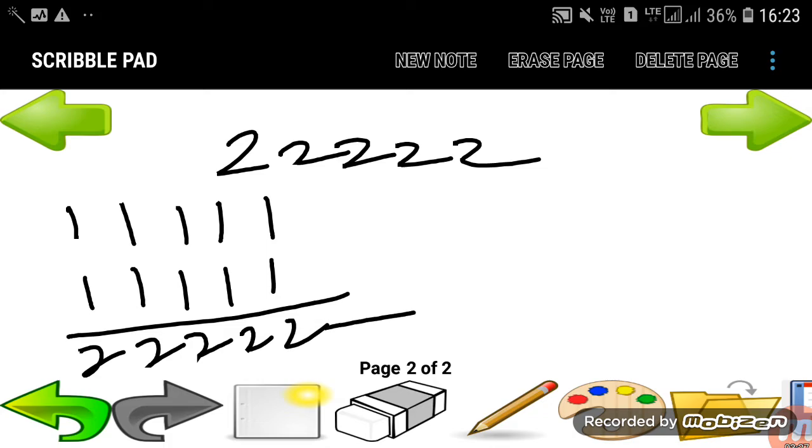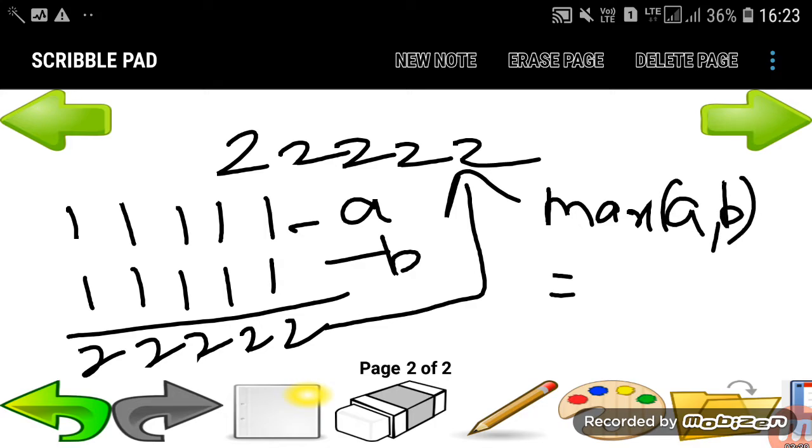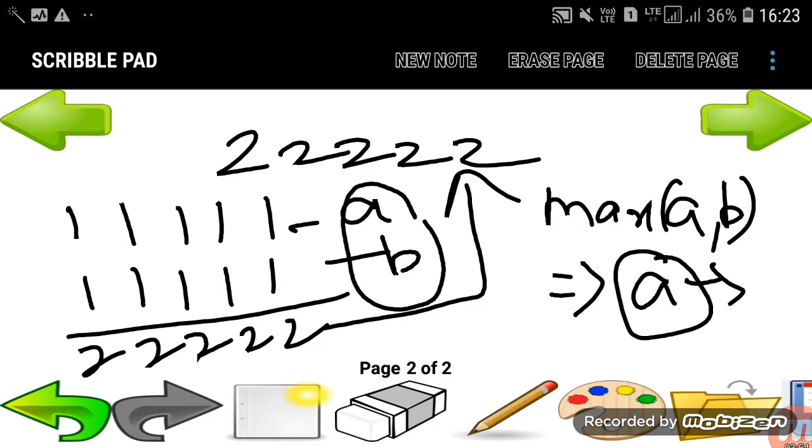So we are obtaining the result. Now if this is A and this is B, the maximum of A comma B is, in this case, either A or B. Let's say it is A. Now this is the smallest possible if we consider all pairs of possible solutions of A and B.